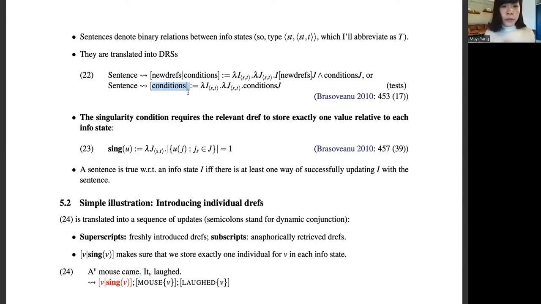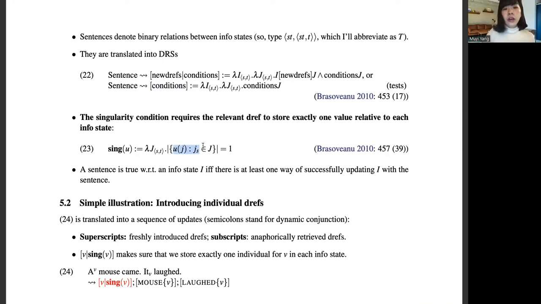The last thing that I need to show you is a particular condition that is going to play an important role in the following, which is the singularity condition. So this is the condition that requires the relevant DREF to store exactly one value relative to each information state. So if we have the condition in 23, this says that the value stored in the DREF U has to be singular.